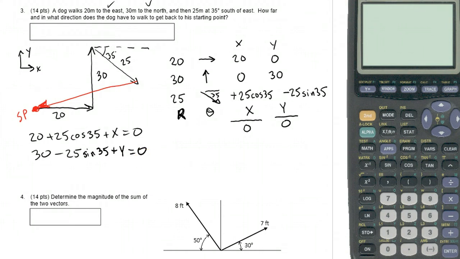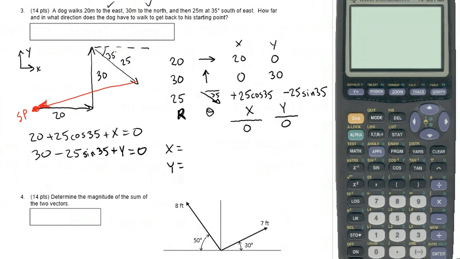Don't have to show the algebra steps here. We can go straight to the solutions if we do this in our calculator, and we'll get X and Y. So let's come over here and do it in our calculator.